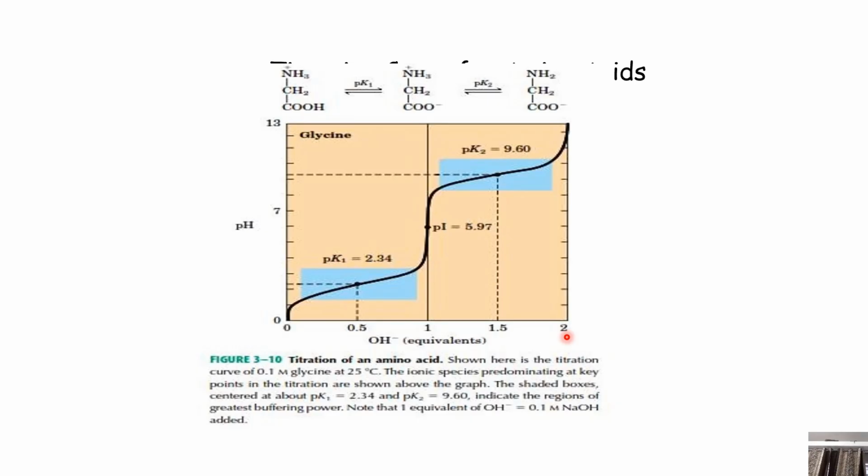The shaded boxes are centered at about pKa1 and pKa2, and indicate the regions with the greatest buffering power, right? So this is what tells us about the buffering power.